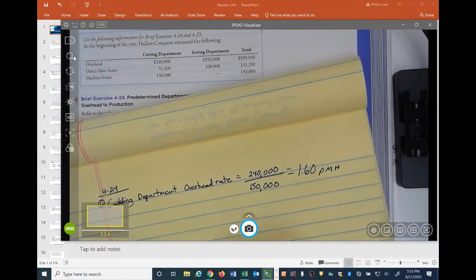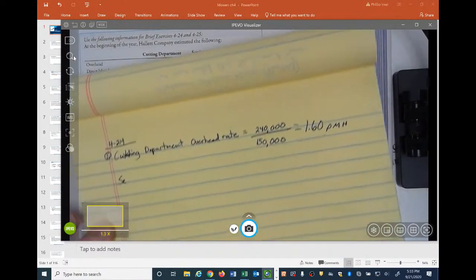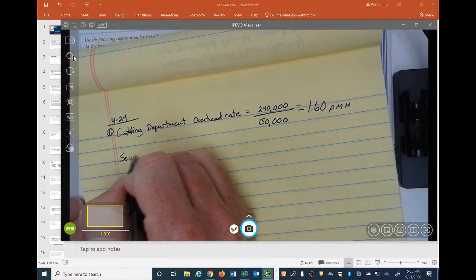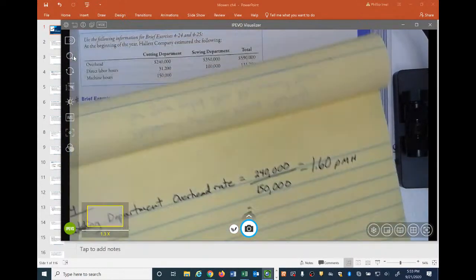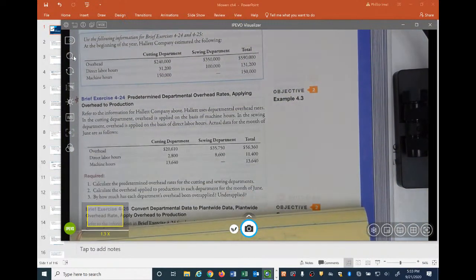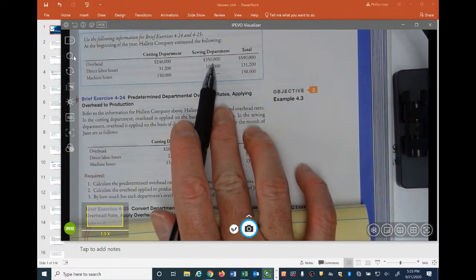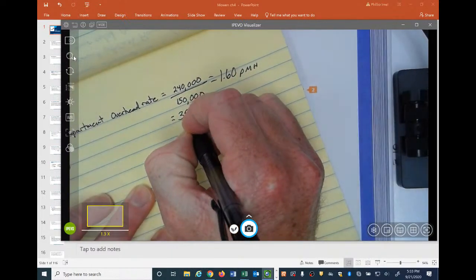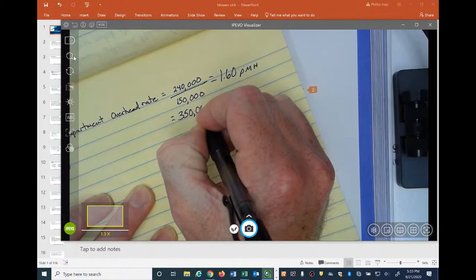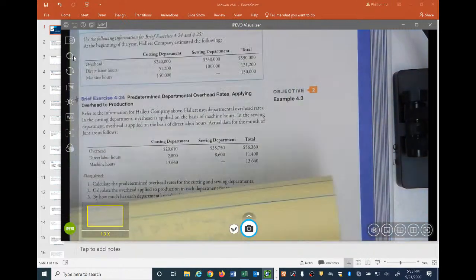What about the sewing department? Overhead divided by direct labor hours. So the overhead, that's the numerator, right? The 350. Okay, so we want to do 350. And what you said the other one?